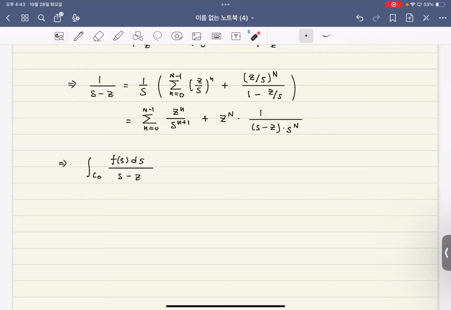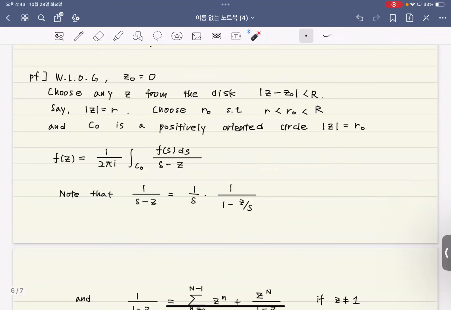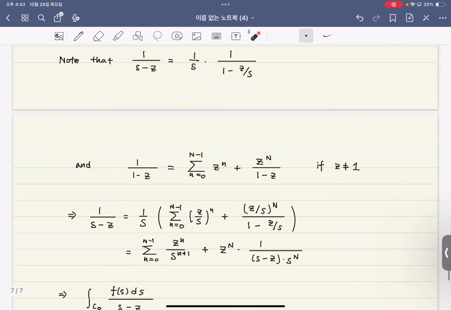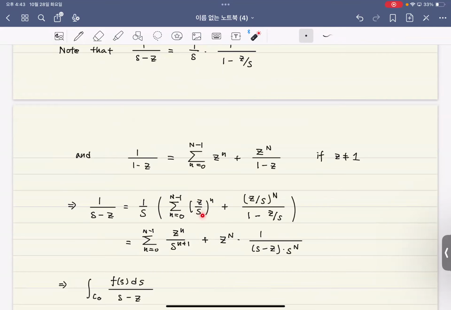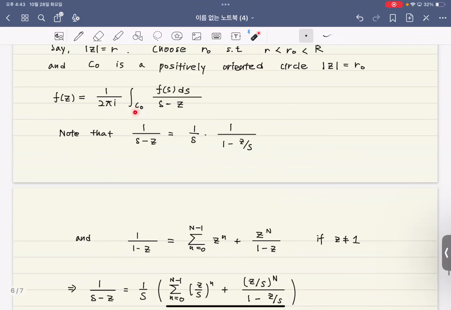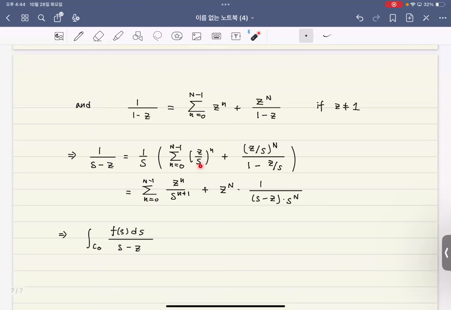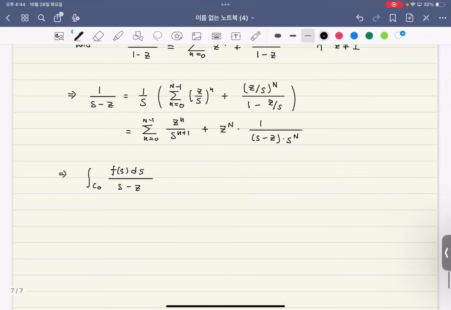One thing that I will need to make sure of: this is R0, and the distance from 0 to z was R. Therefore the modulus of this number z over s is less than 1, because this point s is assumed to be a point on this circle C0, and R0 is greater than R, so the modulus of this number is always guaranteed to be less than 1.